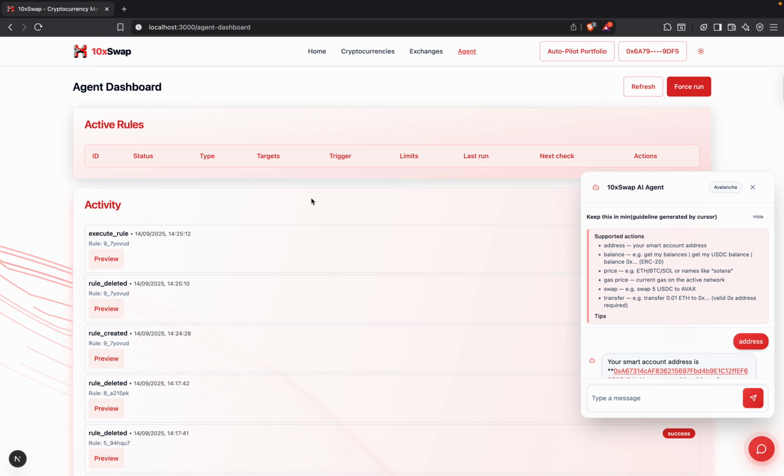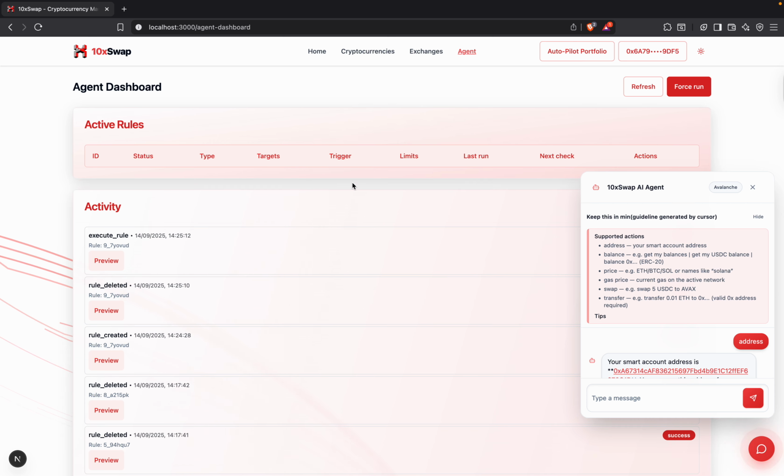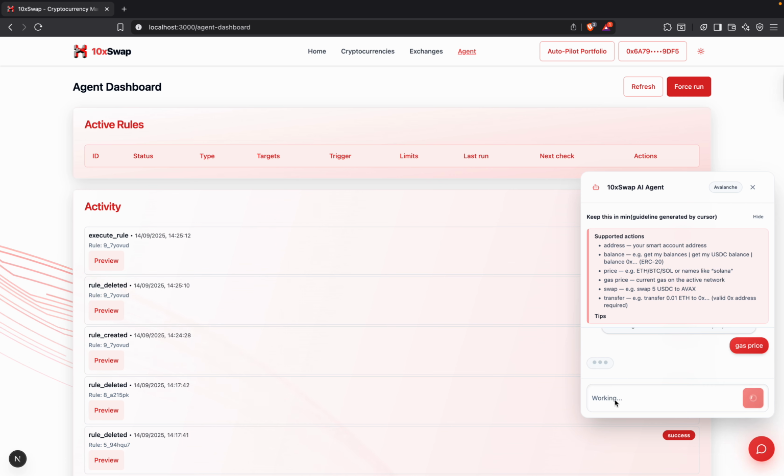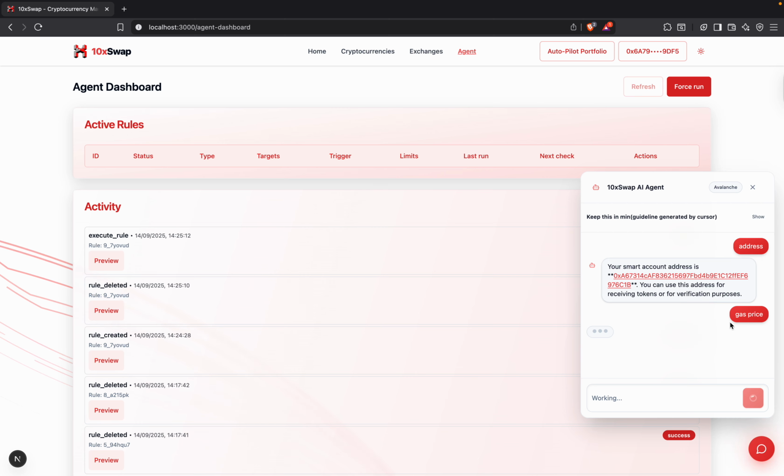What's that? You give basic questions to the chatbot. As you can see, we have given a set of questions that can be asked by the user. For example, if the user wants to swap between 1 or 2 tokens, maybe it will give you the cost of one particular token.